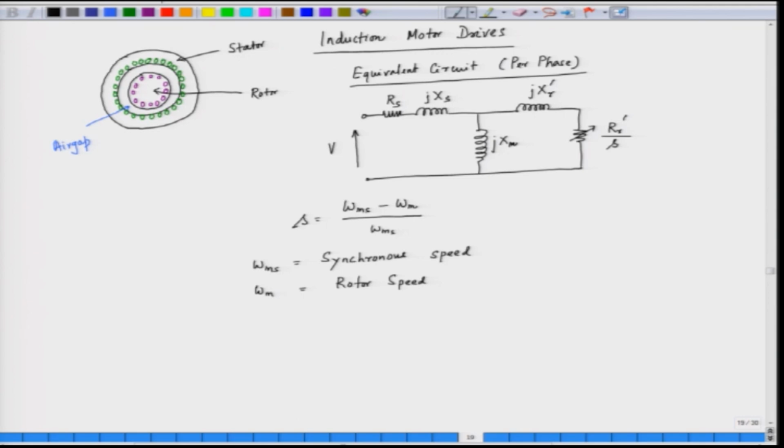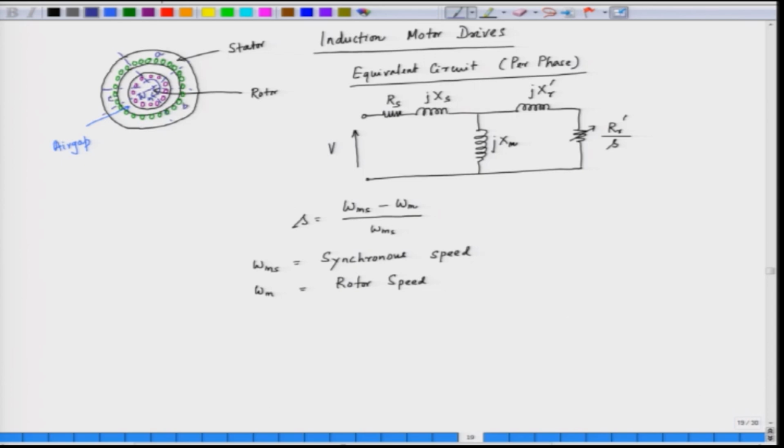The rotor rotates in a given direction, let us say clockwise at a speed of omega m, and the stator has 3-phase windings: phase A, phase B, and phase C.